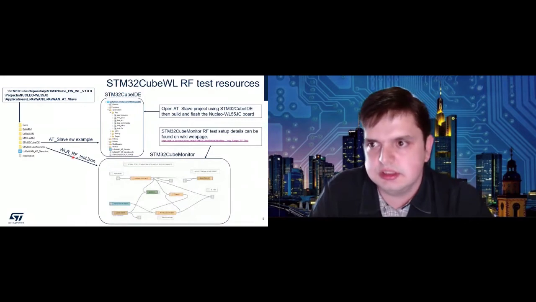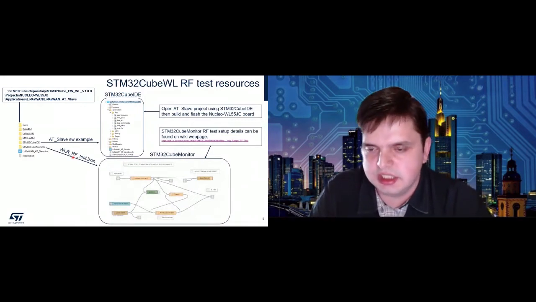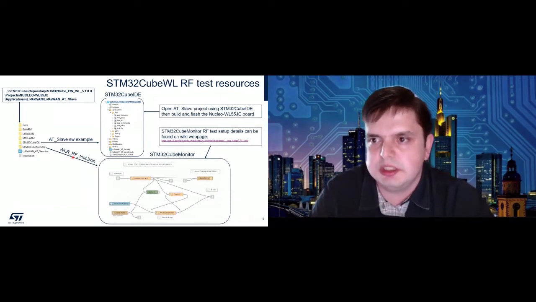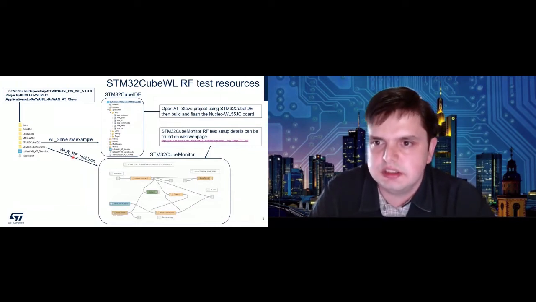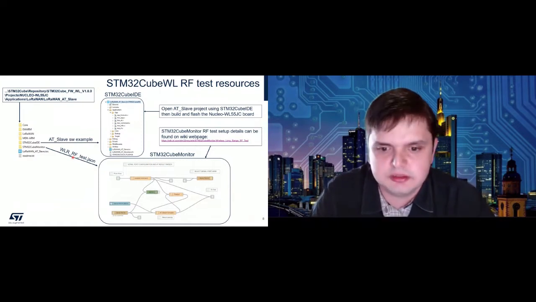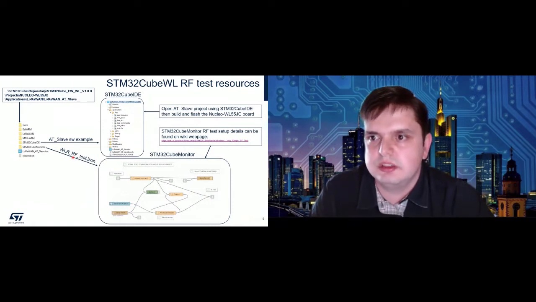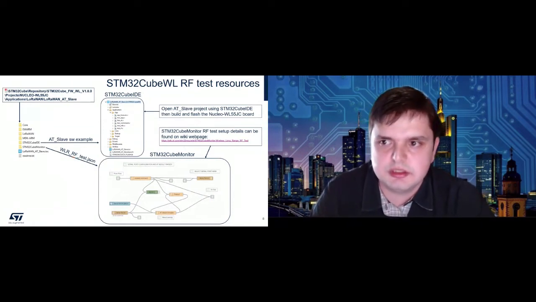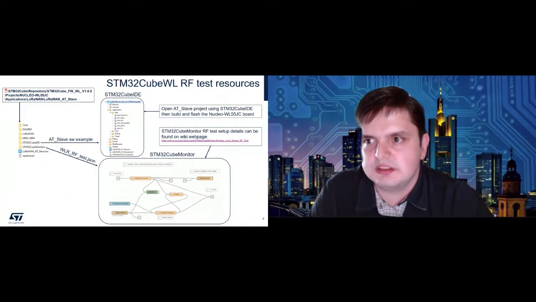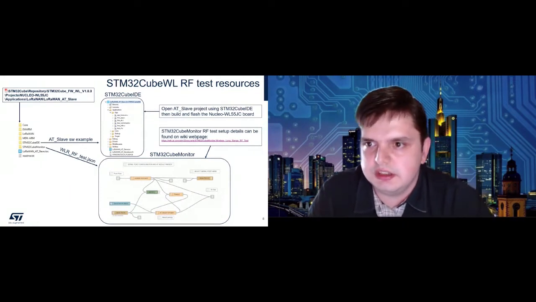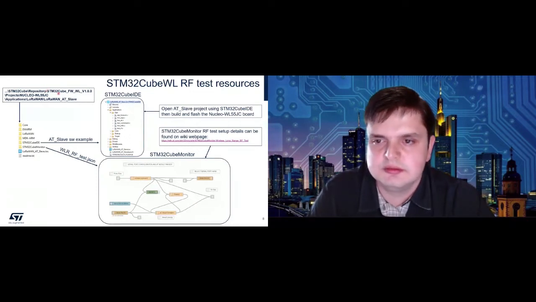Now to get to the AT-slave, first of all, you want to find the application, so we need the STM32CubeWL package. That can be downloaded from st.com, or if you have the STM32CubeIDE or CubeMX, it will be located in the repository that is in the user folder.